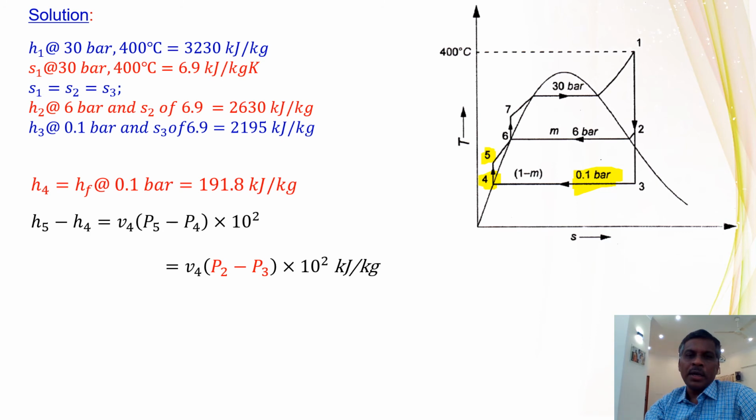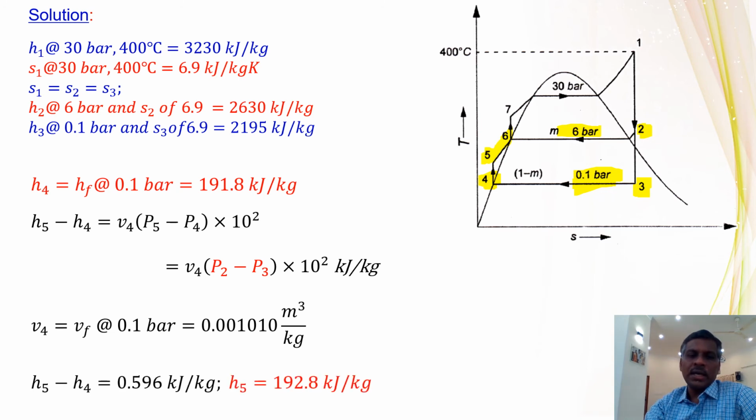And remember this P5 is P6, which is nothing but P2, for our case it is 6 bar. Similarly, you can see that P4 is nothing but P3, which is 0.1 bar. So all the data are available, and V4 is nothing but VF, saturated liquid at 0.1 bar.